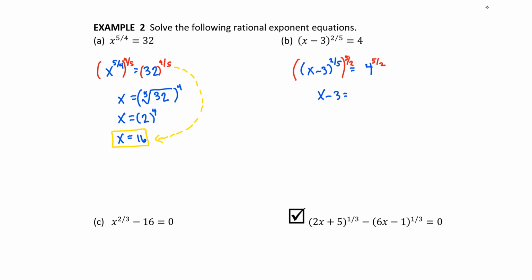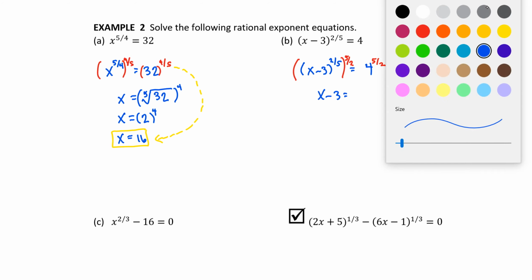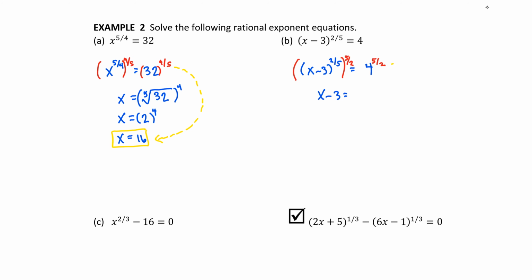Now, there's something tricky that happens on this one. So far, we have done everything correctly. But if we remember the connection between rational exponents and radical expressions, notice what we have here is a 2 in the denominator. That represents the index of a radical. So actually what we're doing here is taking, at least in a form, the square root of both sides. Why is that important to know?